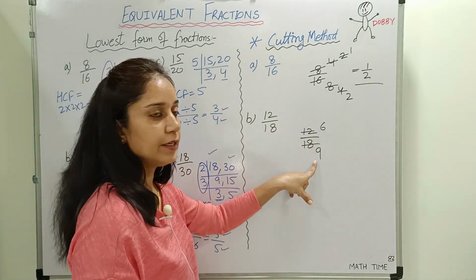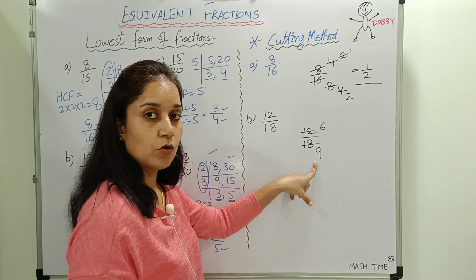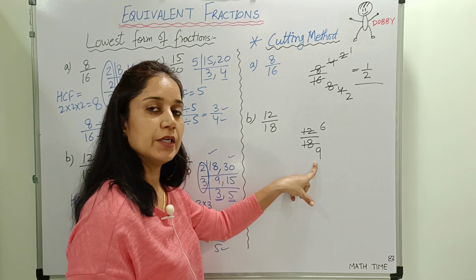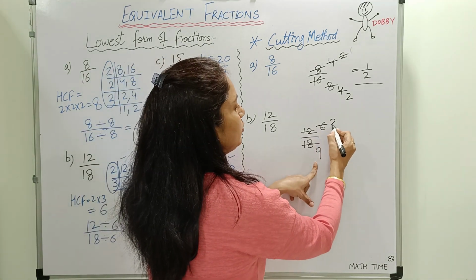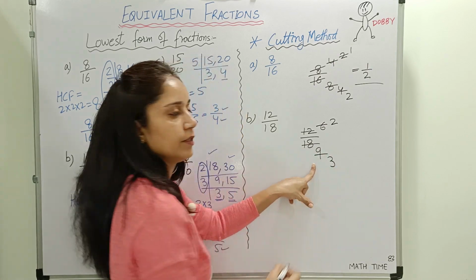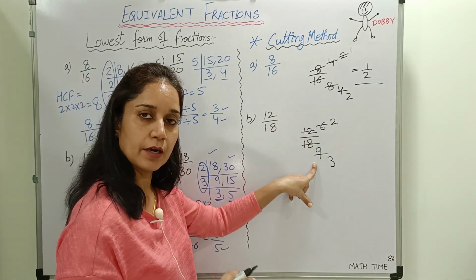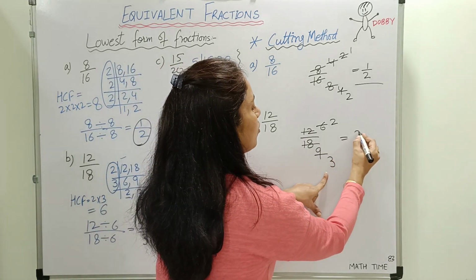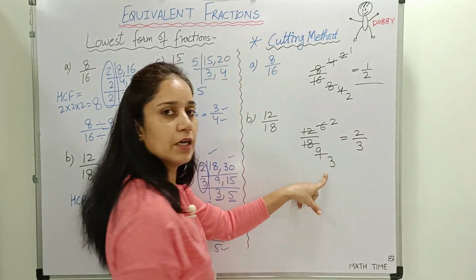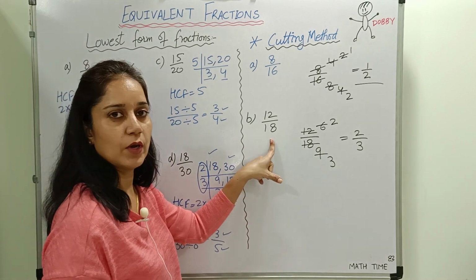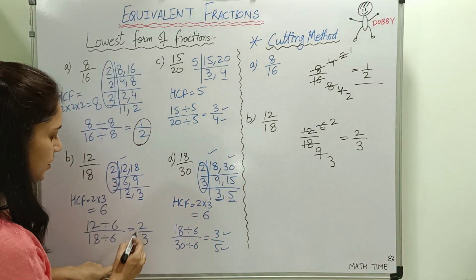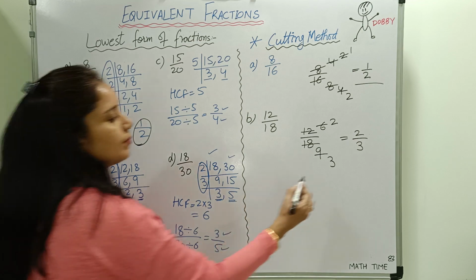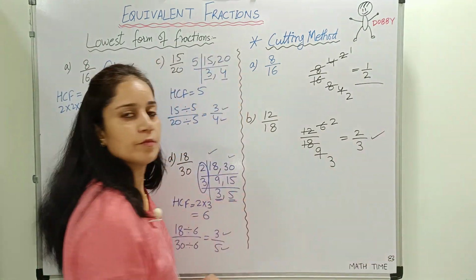Now 6 and 9 don't come in the table of 2 but they come in the table of 3. 3 2s are 6, 3 3s are 9. Second time numerator denominator cut. Now 2 upon 3 are co-prime, don't come in any common table. So 2 upon 3 is the lowest form of 12 upon 18. Same answer here, 2 upon 3.